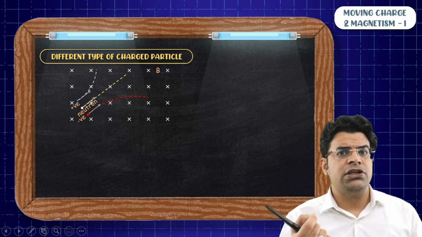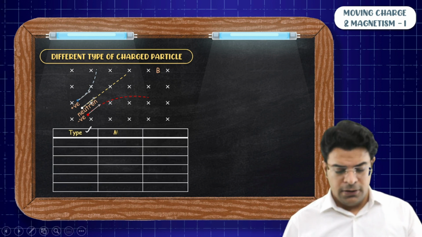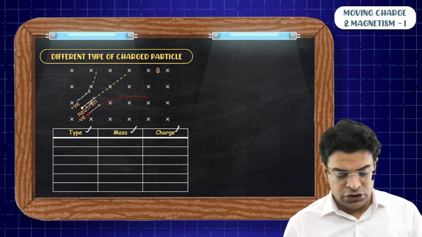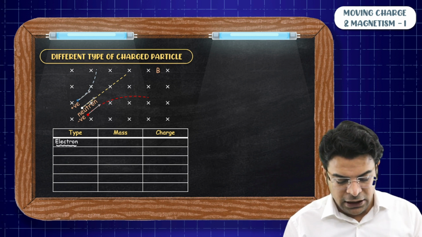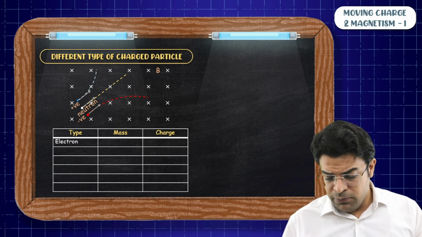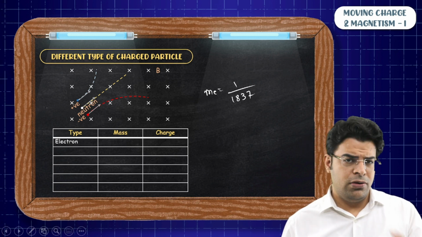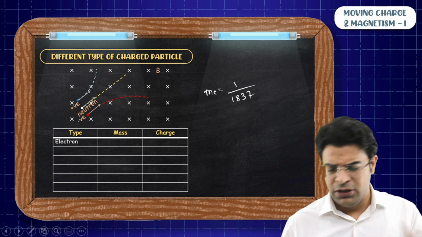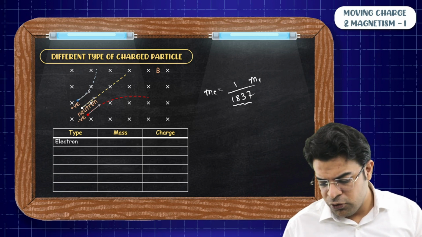What is their charge? What is their mass? So here we will talk about the type of charged particle, its mass, and the charge on it. The first basic particle we are going to talk about is the electron. The mass of an electron is 1 upon 1837, in some books you will find 1844, but do not worry, nearly 1800 times smaller than the mass of a proton.